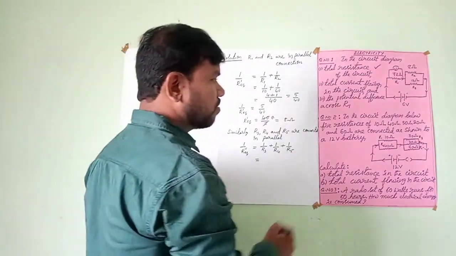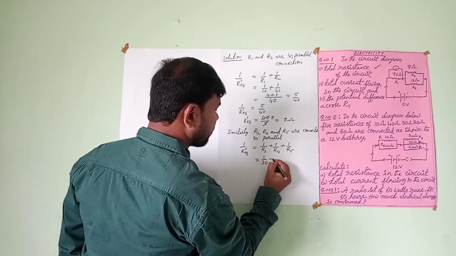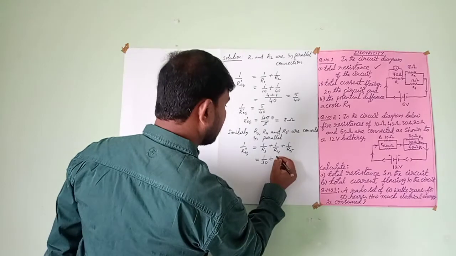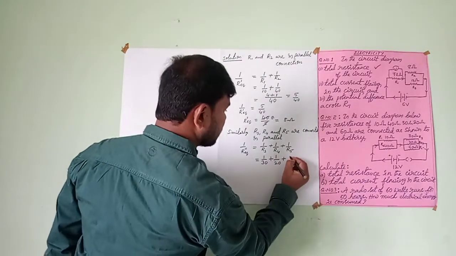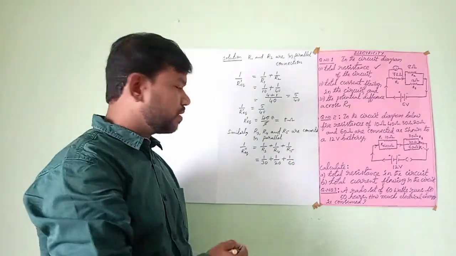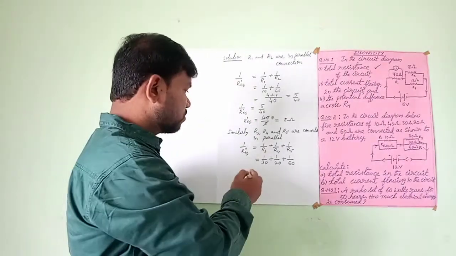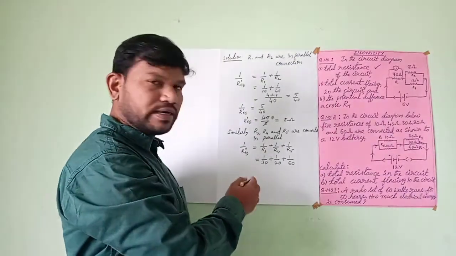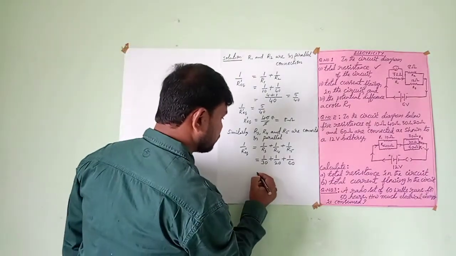R3 is given as 30 ohms. So 1 by 30 plus 1 by 20 plus 1 by 60. If you take the LCM of 30, 20 and 60, we get 60.